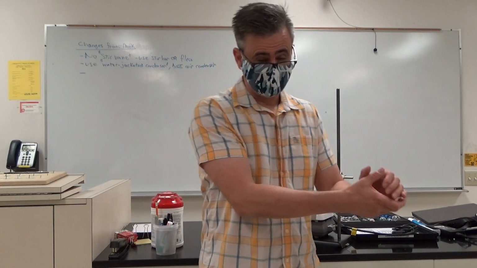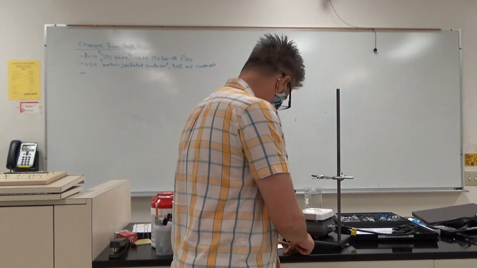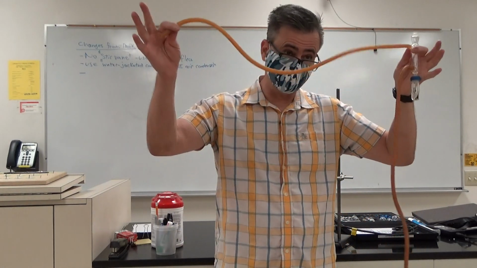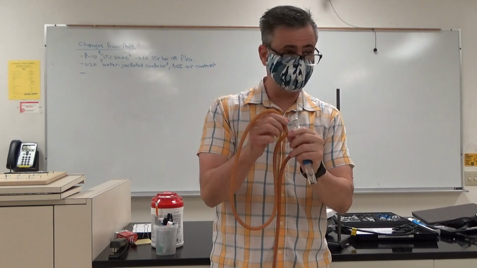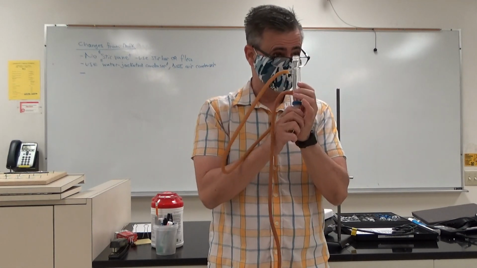Okay? So don't be that guy, all right? And we just need the water on, hardly on at all. And you can pick up the exit hose, which is on the top, and just as long as you're getting just a trickle out the end. We just want water flowing through the jacket.